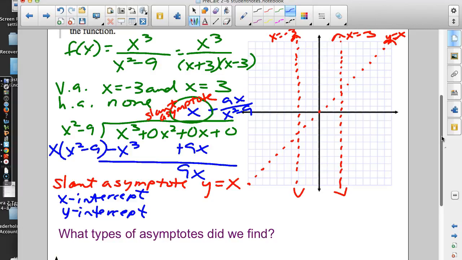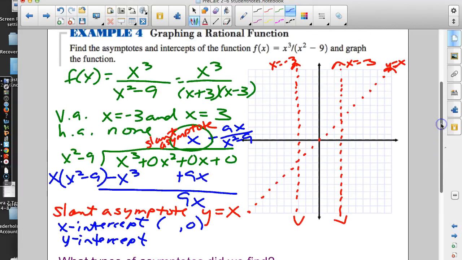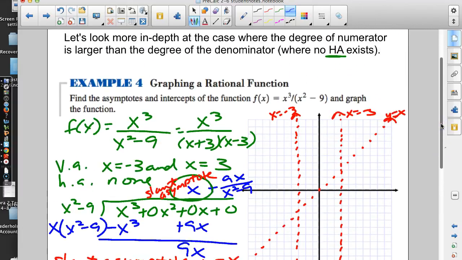So, when we want x-intercepts, the y has to come out to be 0. That's what has to happen. So I go back to the beginning here. This is y. I can't have zeros in the denominator because that is where my asymptotes are at.